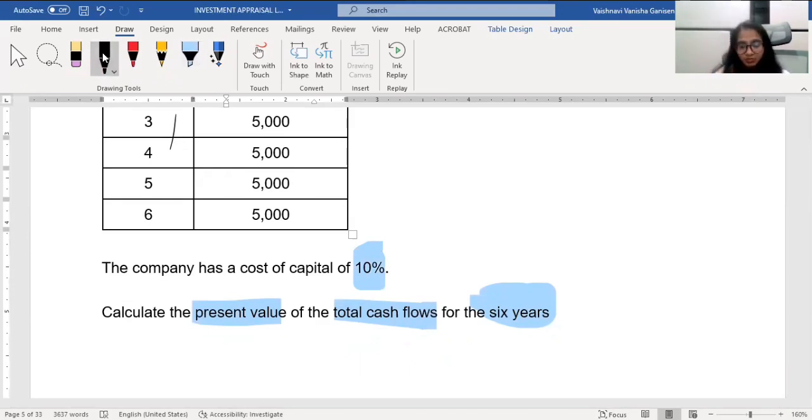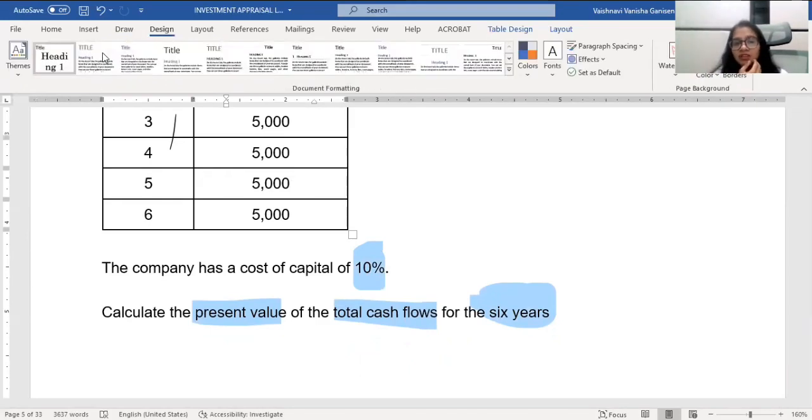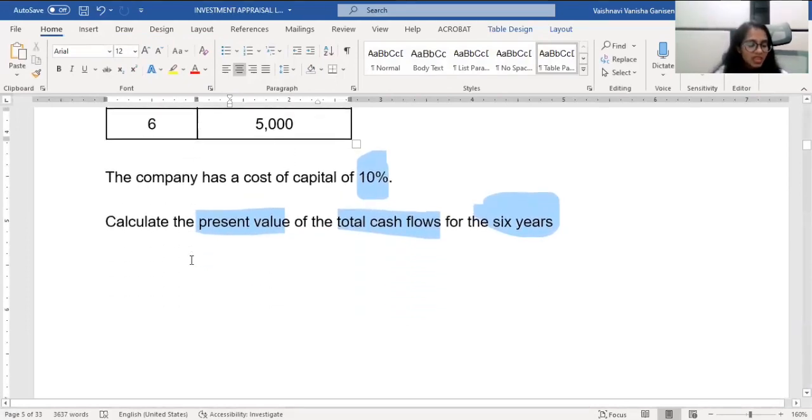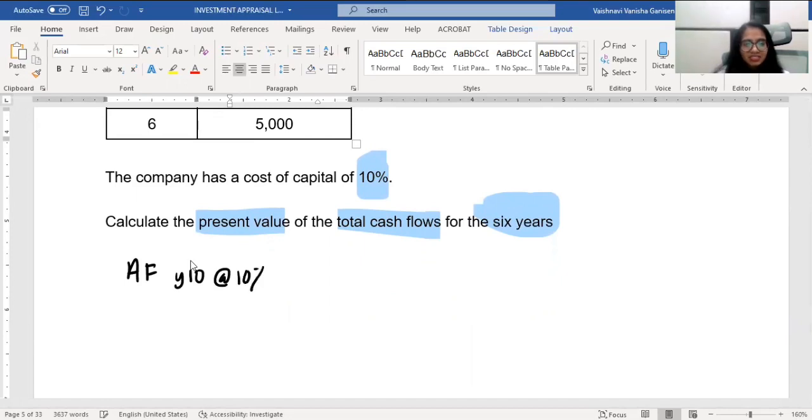Now, what I want you to do is find the annuity factor for 10% at 6 years. Let me do the calculation here because I'm not using the table. Annuity factor, 6 years at 10%, should give you 4.355.